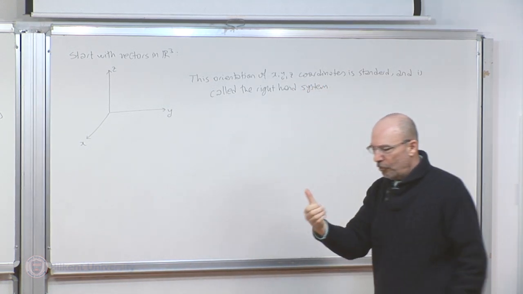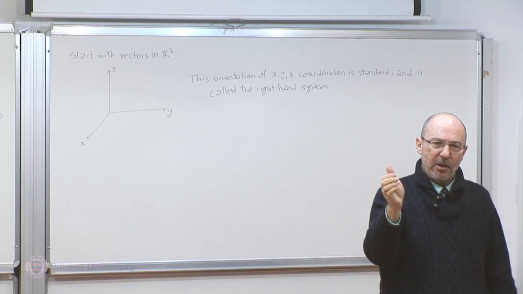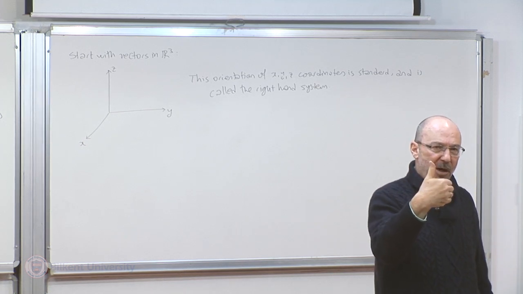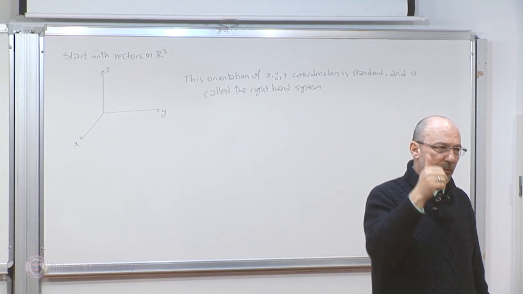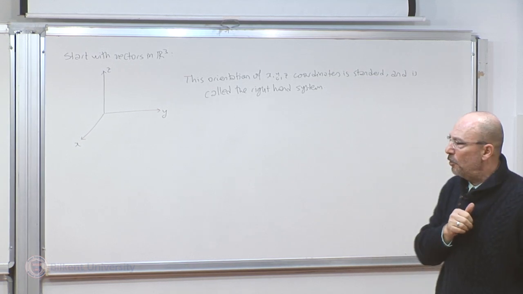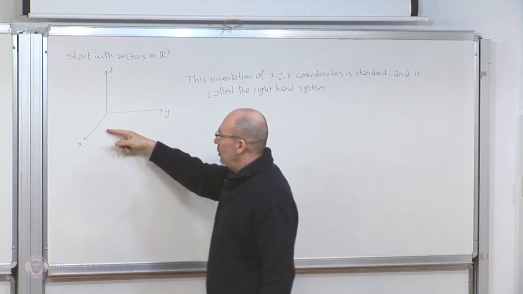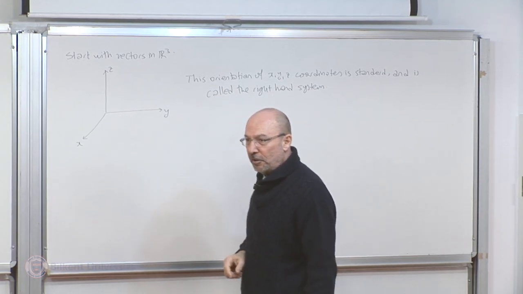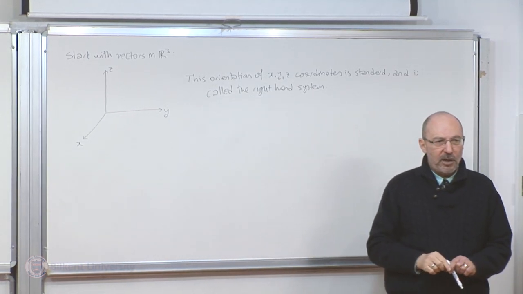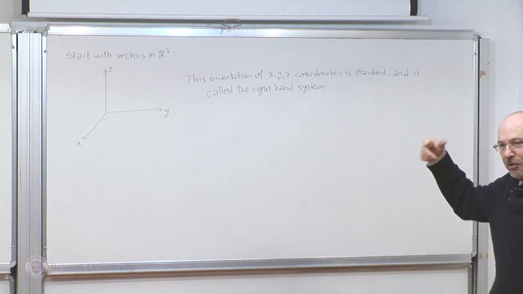If you consider your right hand, your fingers go from X to Y, and your thumb points in the Z direction. So this direction is the standard orientation. That's counterclockwise. The other way is clockwise.